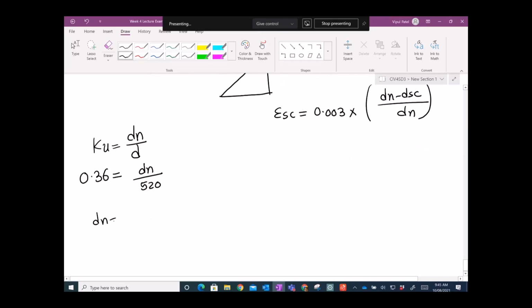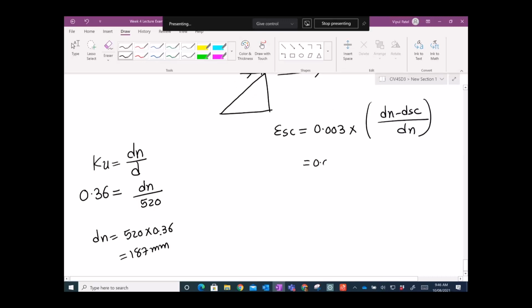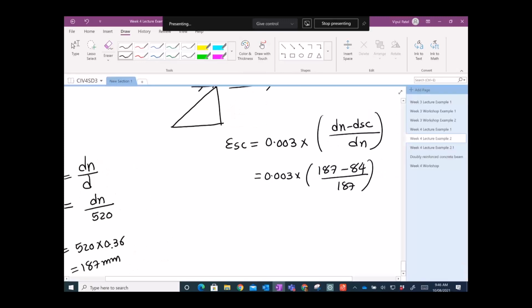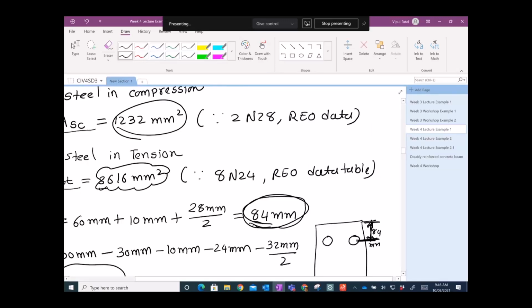So dn you can calculate: 520 times 0.36, you get 187 millimeters. So let's plug that value: 187, DSC was 84, over 187, right? 84 was here, 84.